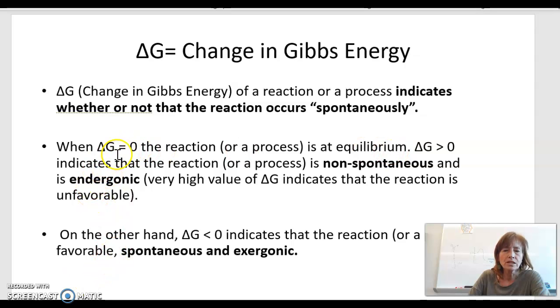If this number here, delta G, is 0, then the reaction basically is at equilibrium. If delta G is greater than 0, sorry math teachers, that's a positive value, right? And that means this is a non-spontaneous or an endergonic reaction. And then the final one is if it's a negative value, so delta G is less than 0, then we're seeing something that is spontaneous and exergonic.